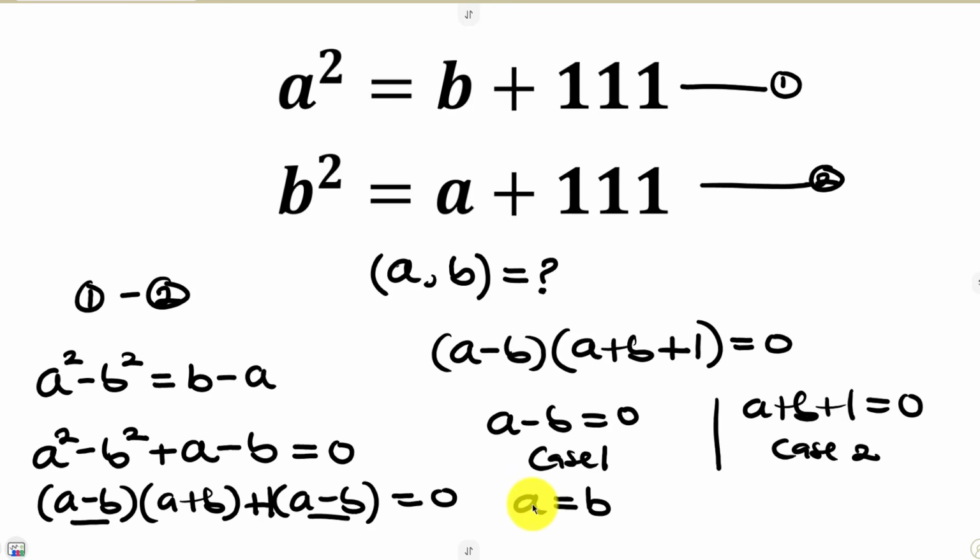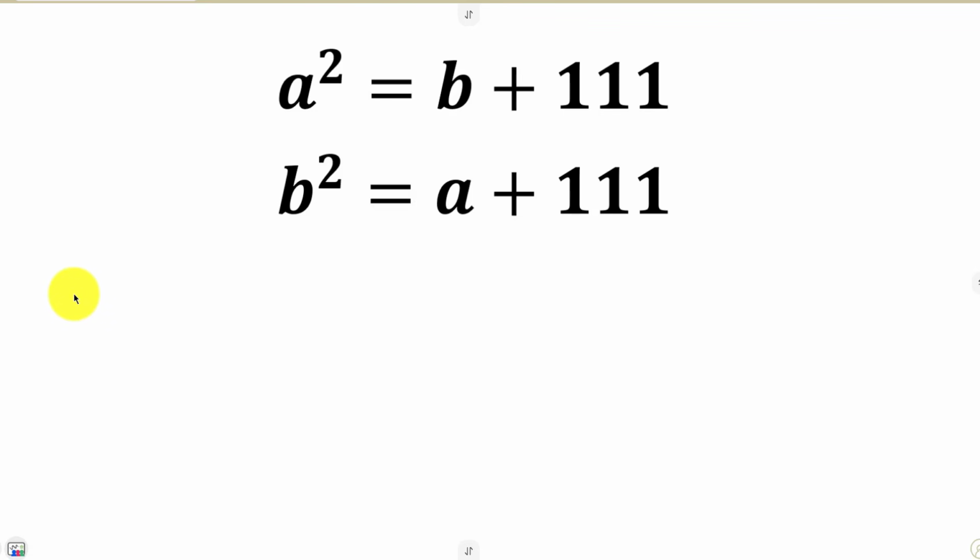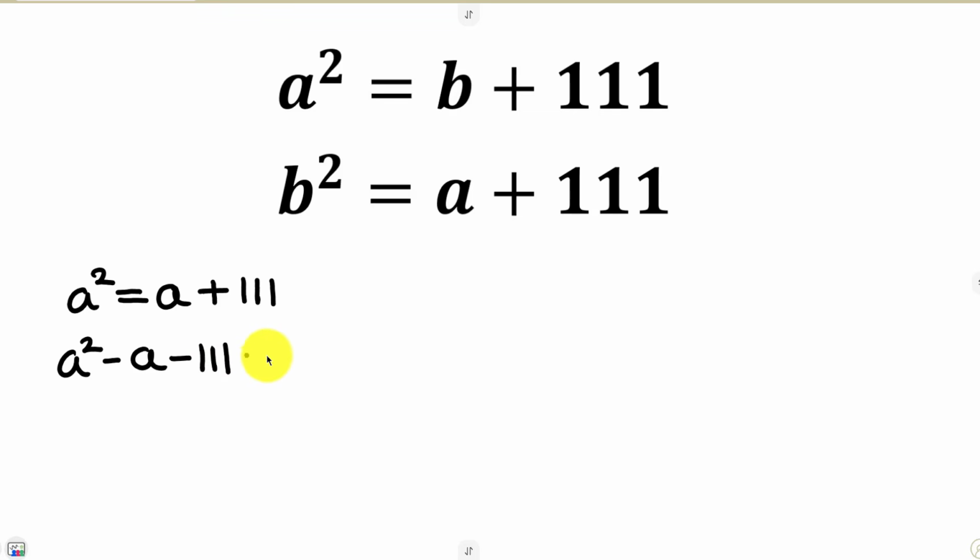So this becomes a squared equal to, remember, b and a are the same, so I can put a in place of b, a plus 111. Now let's move everything to one side. So this is a squared, as a crosses to the left it becomes negative a, and as 111 crosses it becomes negative 111, and this is equal to 0. Good. So we have a nice quadratic equation.